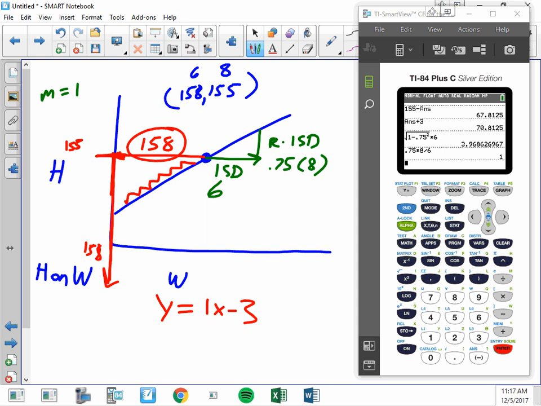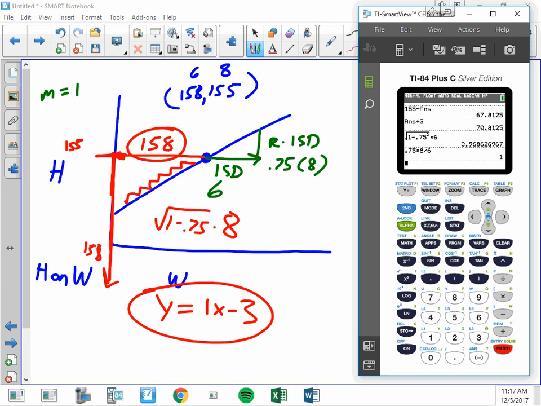Okay, so the equation is this, and the RMS error is the square root of 1 minus 0.75 squared times 8. So the RMS error in this case is 5.3. Why is it higher than the last one? Because the SD of the wingspan is smaller than the SD of the height.